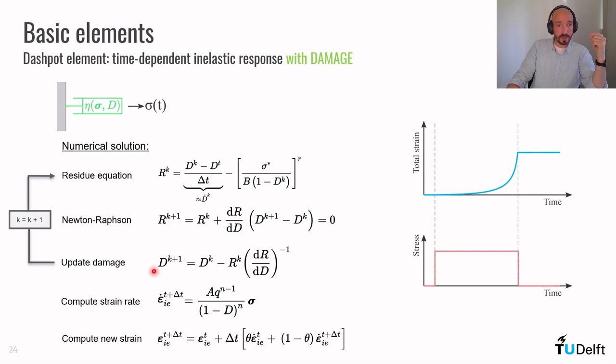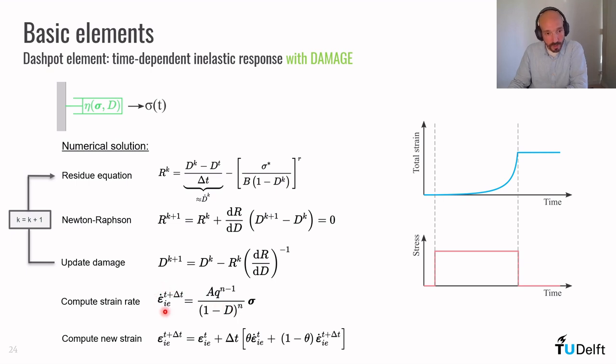In this way, we can update the value of damage, and then we come back to this first equation, and we iterate here until this residue is below a certain level. Once we define the damage for a certain time, we can then compute the strain rate at time t plus delta t, because we know the value of damage.